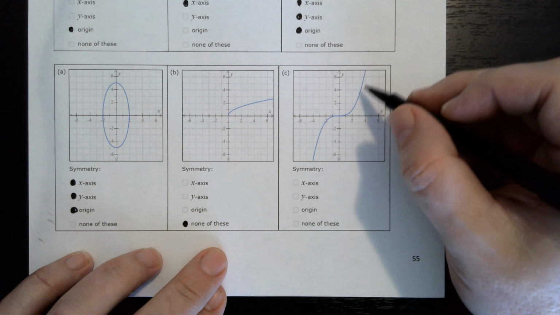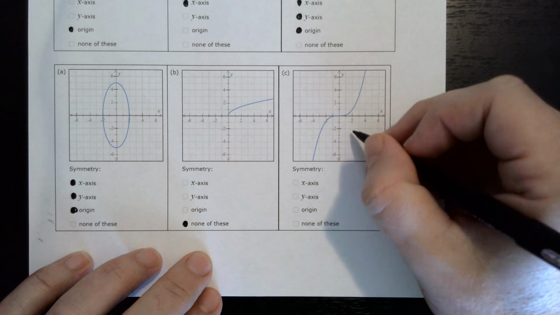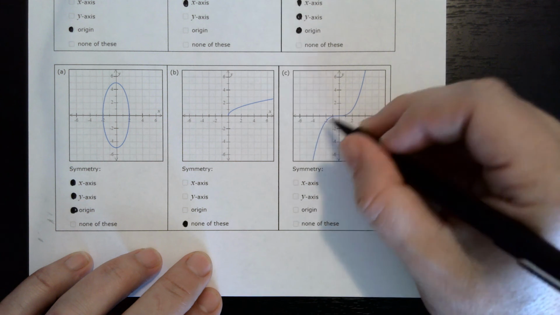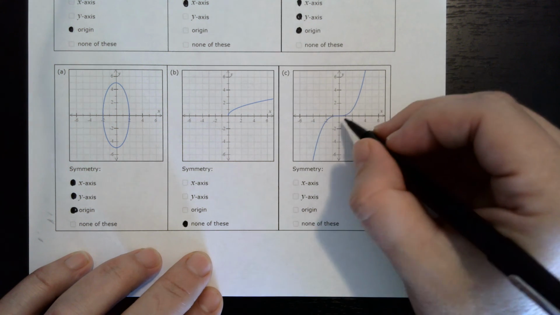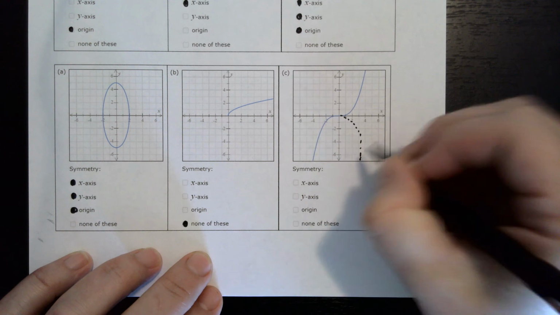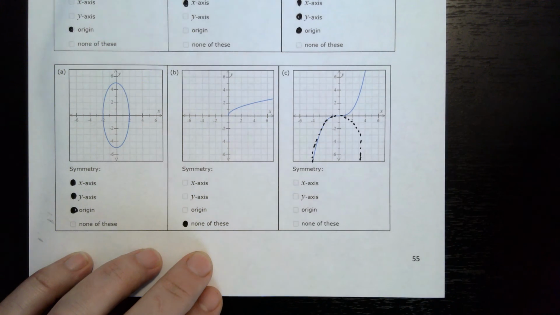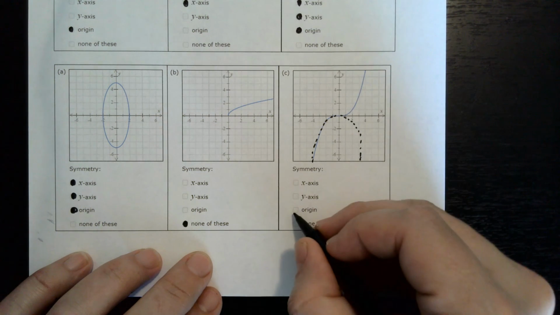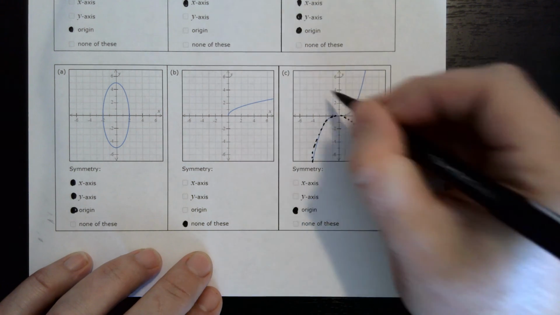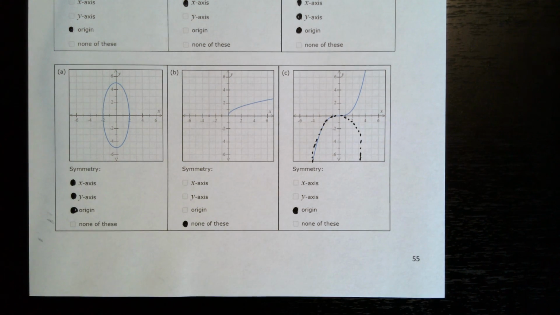Well, if you take this right here and you flip it across the x-axis and then the y-axis, it would be exactly like this right here. What I mean by that is if you took this and flipped it down and it changed into this, and then you took this and flipped it over, which changed it into this, then it would be the same graph. So this does have origin symmetry. The other two corners are empty. Okay, so no x-axis, no y-axis, but it does have origin symmetry.